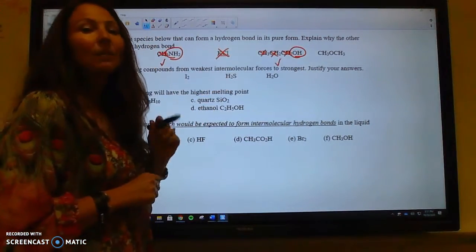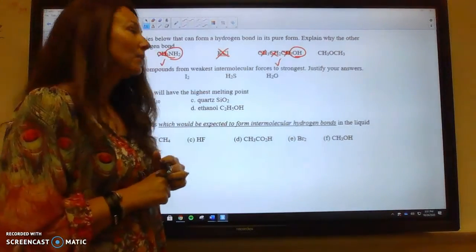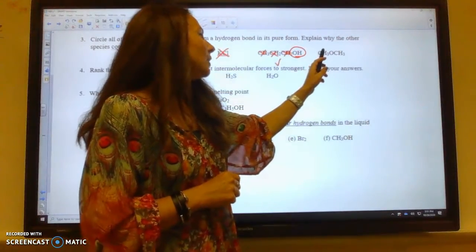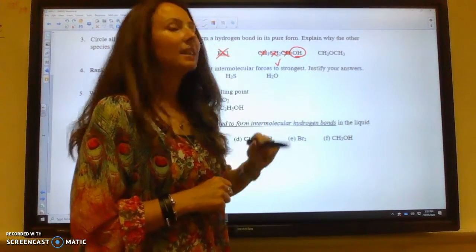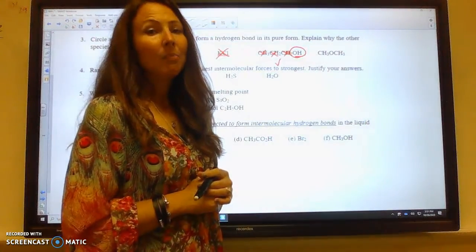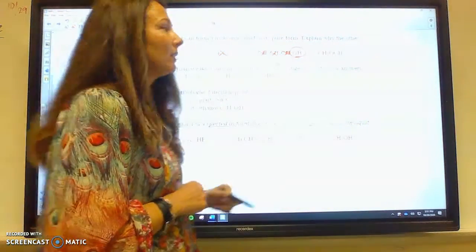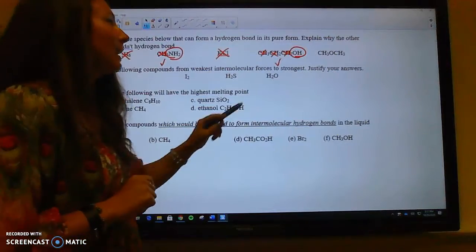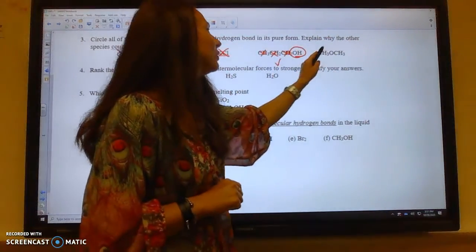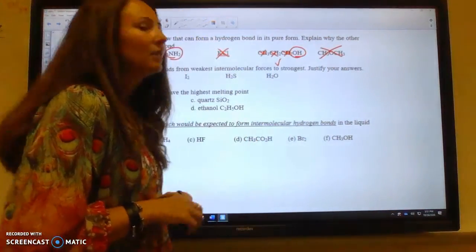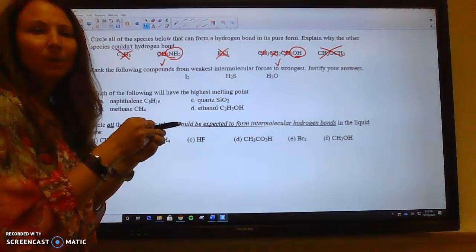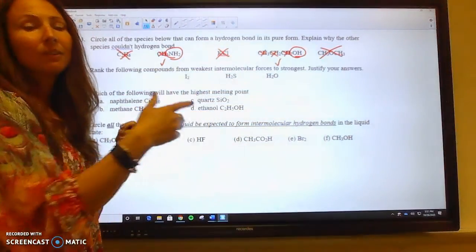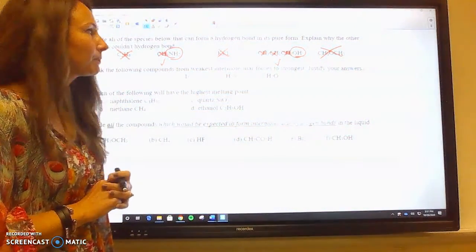And then there's another example that's a little tricky. Let's look at this. So I see a hydrogen and I see an oxygen, but the order in which it's given tells me that no, this last formula cannot hydrogen bond. The oxygen has to have a hydrogen right after it for it to be a hydrogen bond.